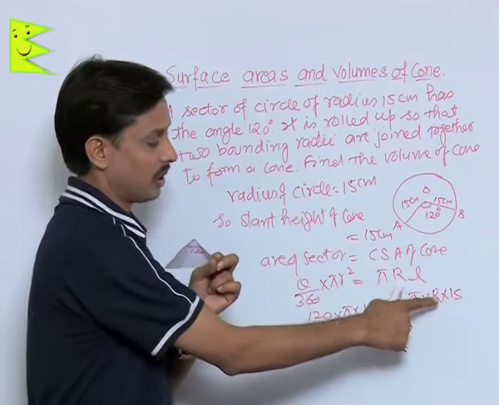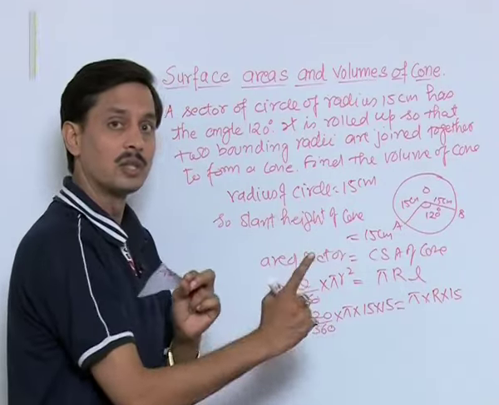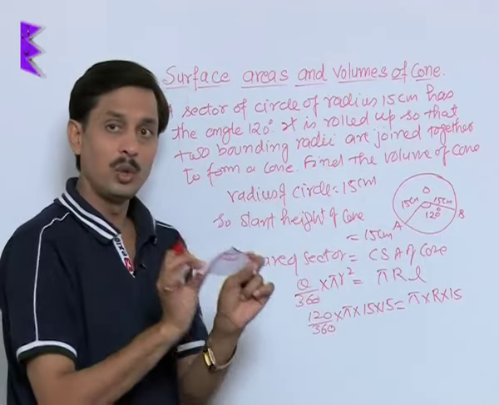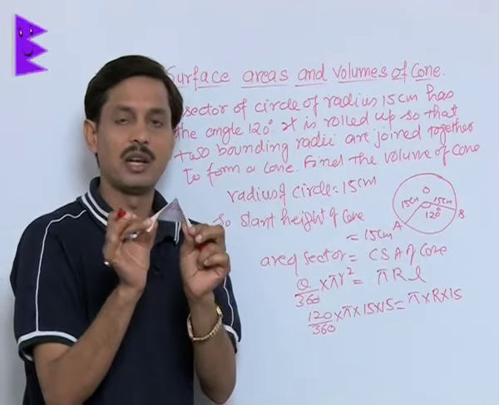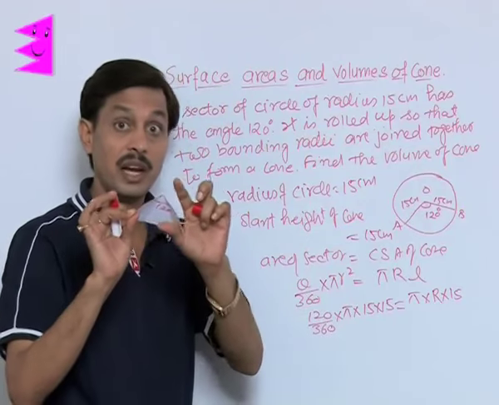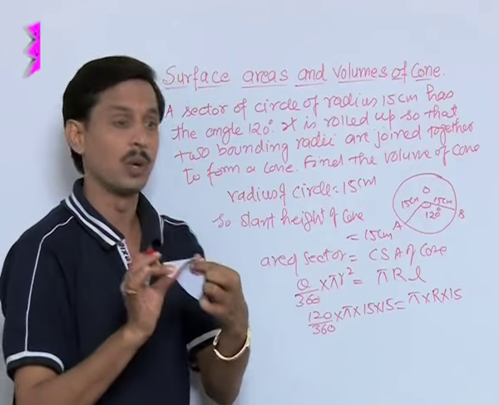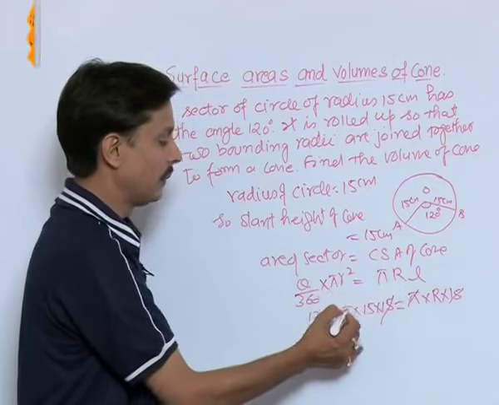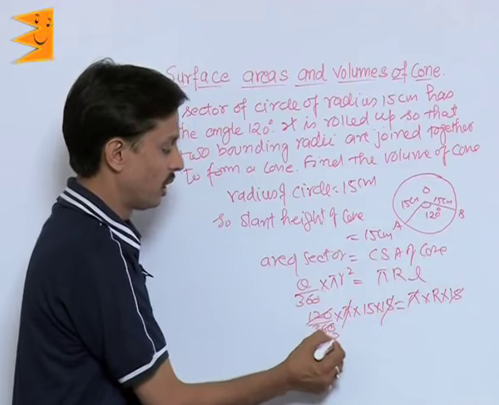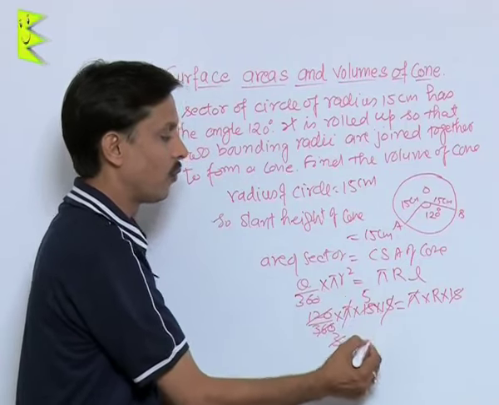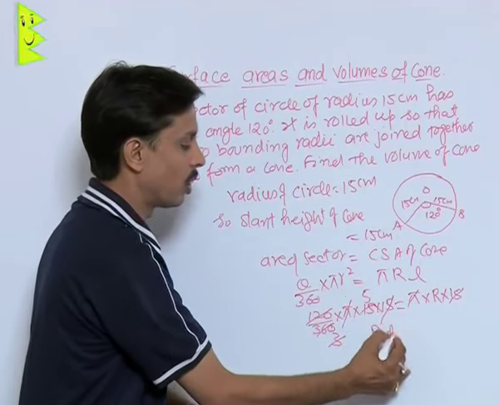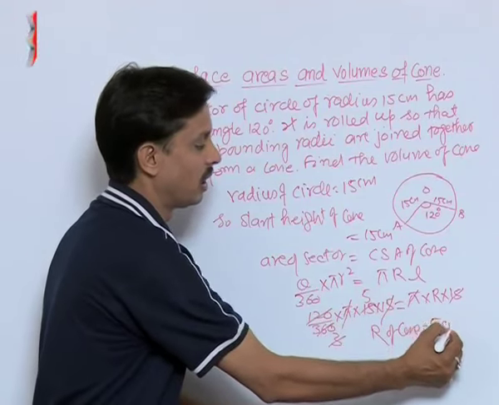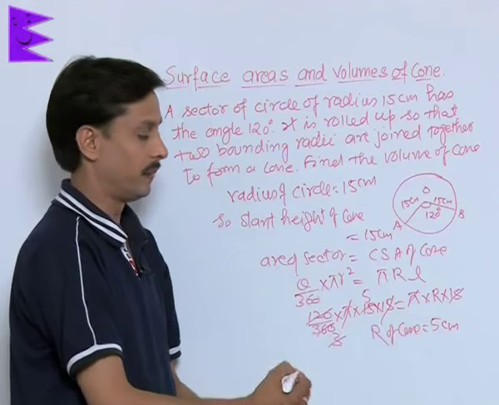Please remember, this capital R is the radius of the cone and this value is not 15. Whenever you are folding a sector to form a cone, the radius of the sector is the slant height of the cone. So this 15 cancels, this pi cancels, 120 by 3 is 40, 3 into 5. So the radius of the cone becomes 5 centimeter, as per the unit.